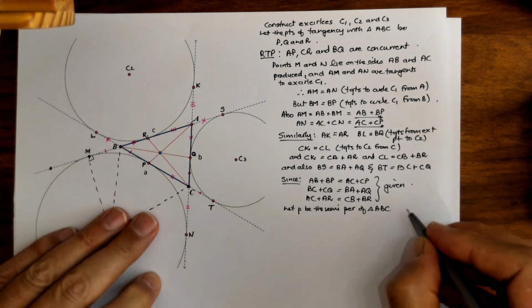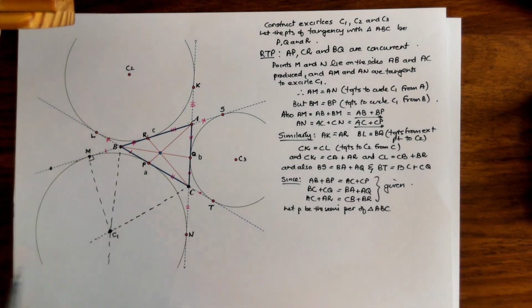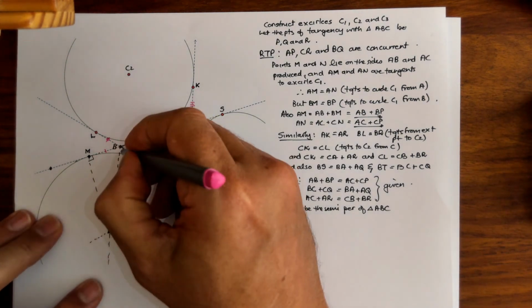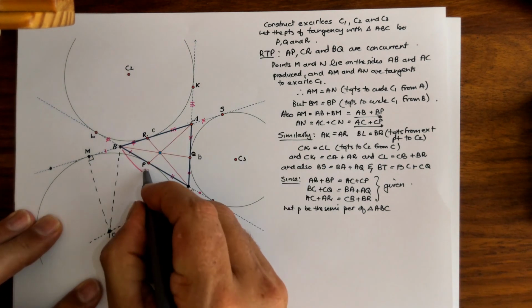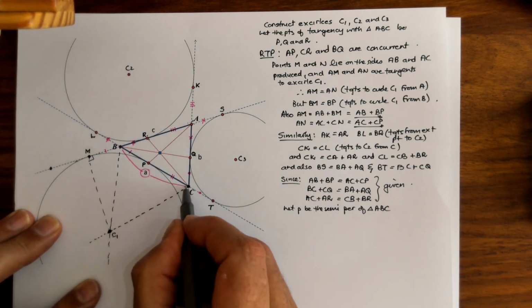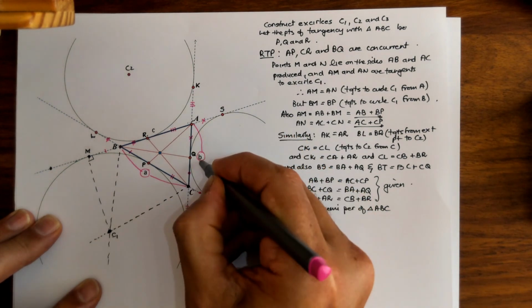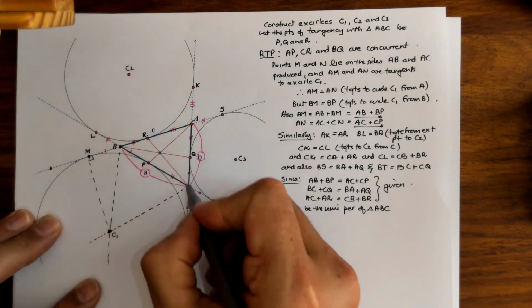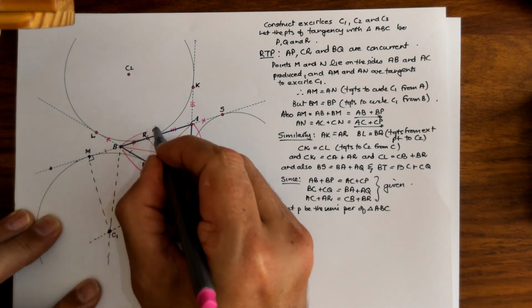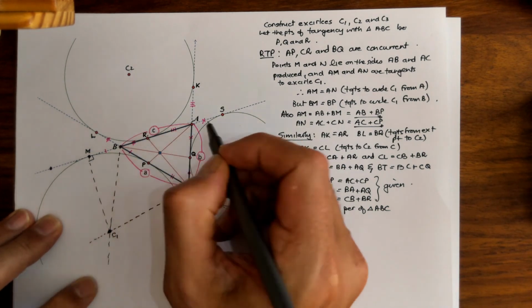Now, as is always the convention, what lies opposite angle A is side A, what lies opposite angle B is side B, and what lies opposite angle C is side C.